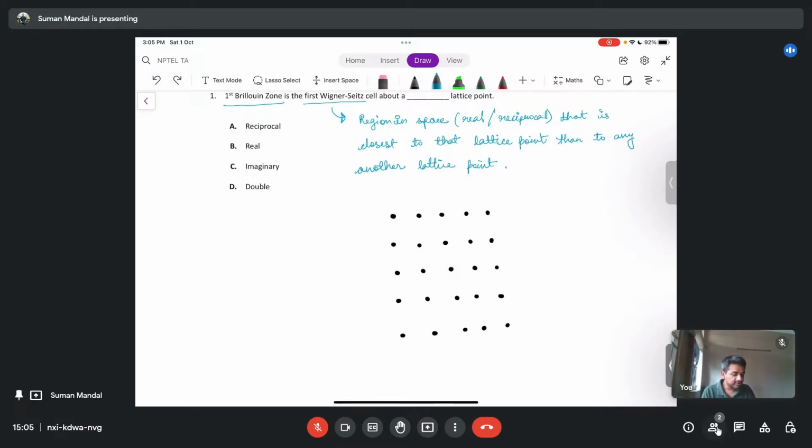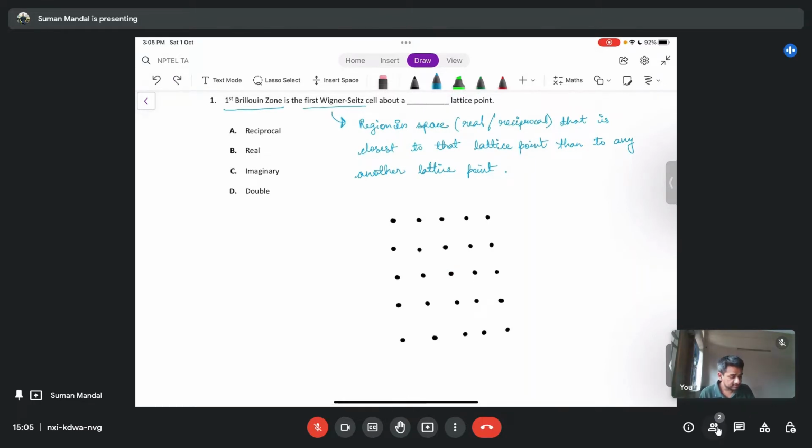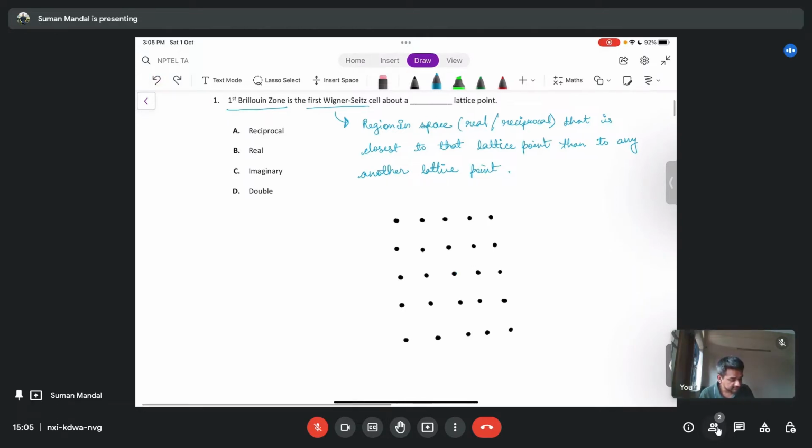We have to find the region in space that is closest to this particle compared to any other lattice point. That will be exactly at half distance between these two particles, half with this one and half with this one. So this is the Wigner-Seitz cell of this particular lattice point, with this area.